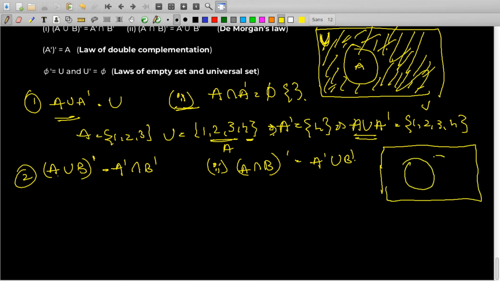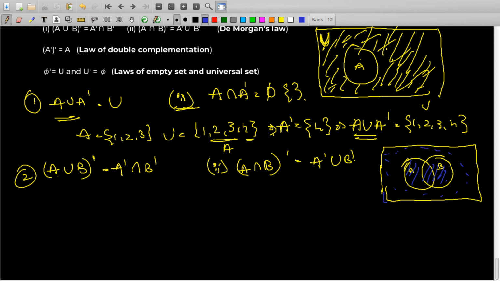So if you have an intersecting set like this, this is A and this is B. Now listen carefully because this is an important law and the proof is also not that simple because there are two things here. So it says A union B complement. So this thing is A union B, and the whole thing again, the unshaded part, is A union B complement, right? So this area is A union B complement.